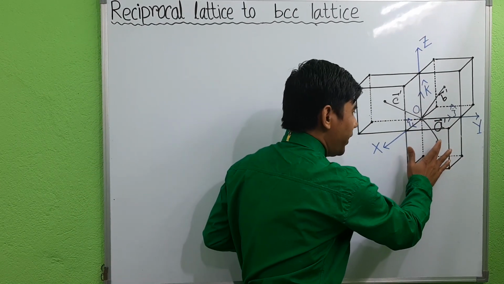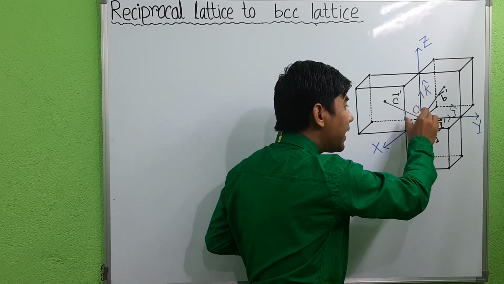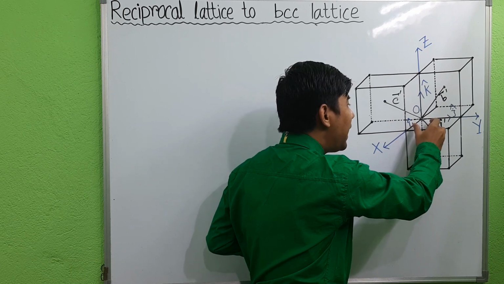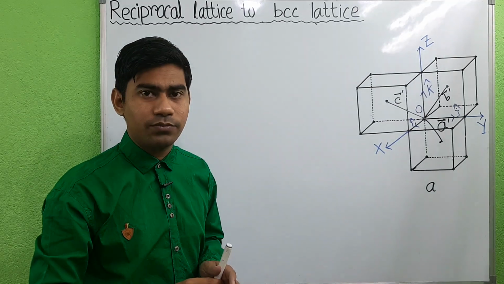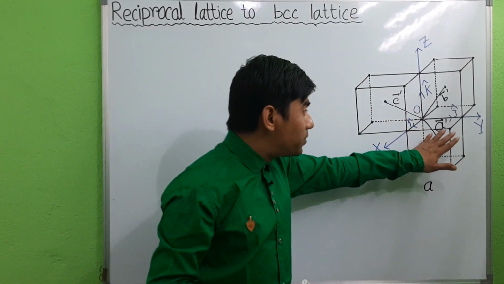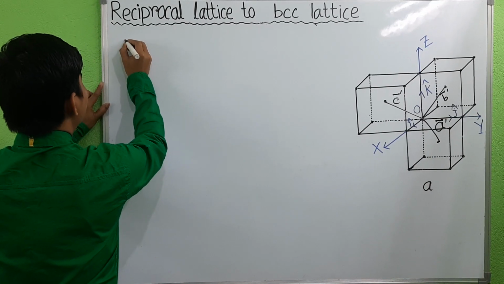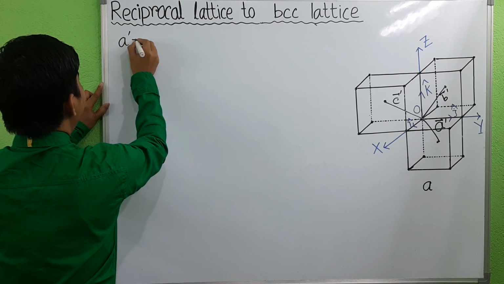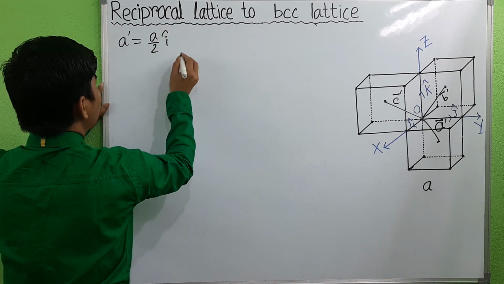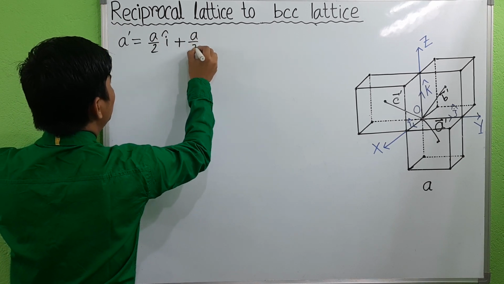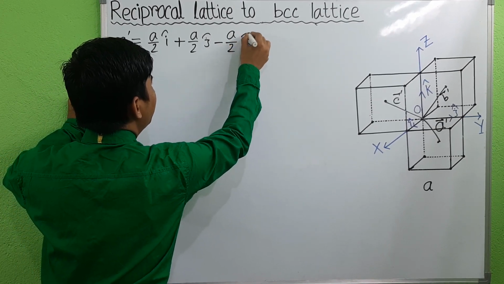So the primitive translation vector a dash will be a dash equals a by 2 i cap plus a by 2 j cap minus a by 2 k cap.